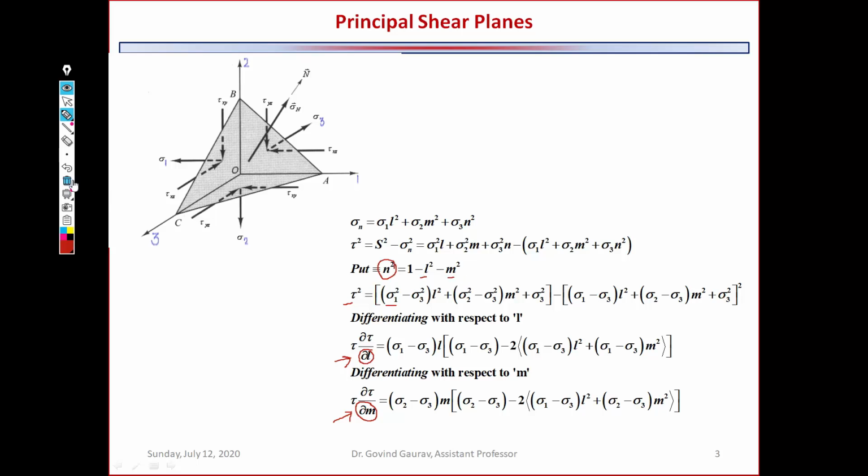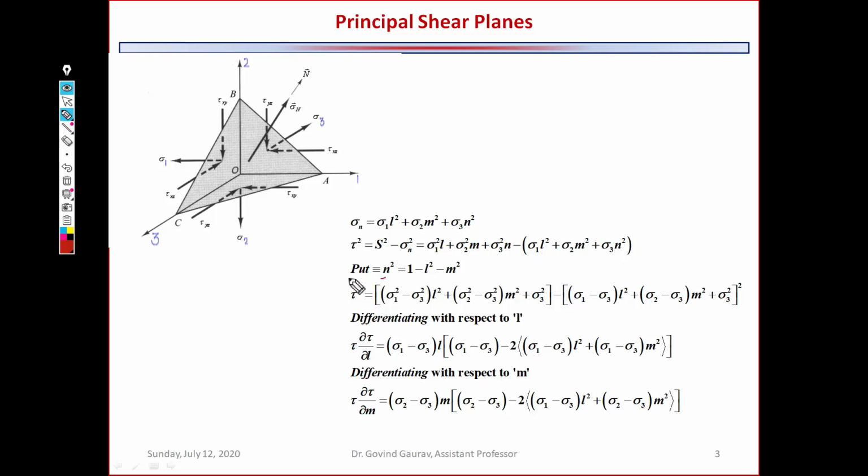So if we are interested in calculating the values of the shearing stresses, then we need to differentiate in terms of l and m. Consequently, we will put the different values, l square is equal to 1 minus m square minus n square, and again we will differentiate in terms of the different direction cosines which we have.